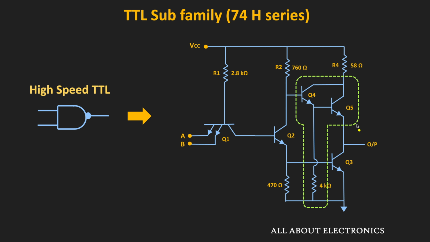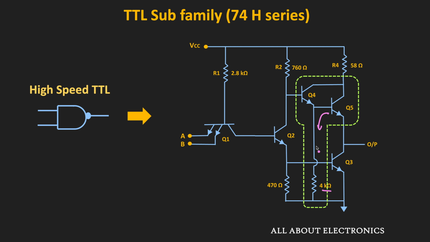If you see the same thing in another way, the output resistance of this Darlington pair is even lower. Due to this lower resistance, the RC time constant also reduces, and hence we have a faster turn on time. Now, the purpose of this resistor at the emitter of the Q4 is that when this Darlington pair goes into the off condition, the charge that is stored at the base of this Q5 is removed through this resistor.